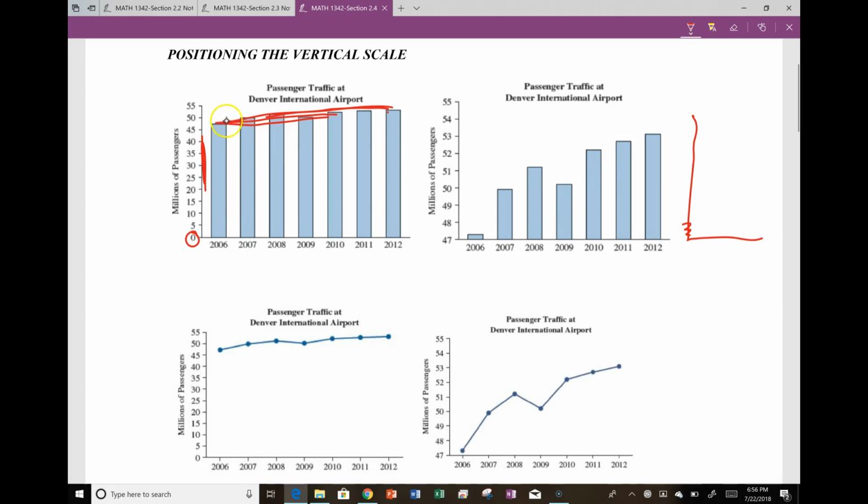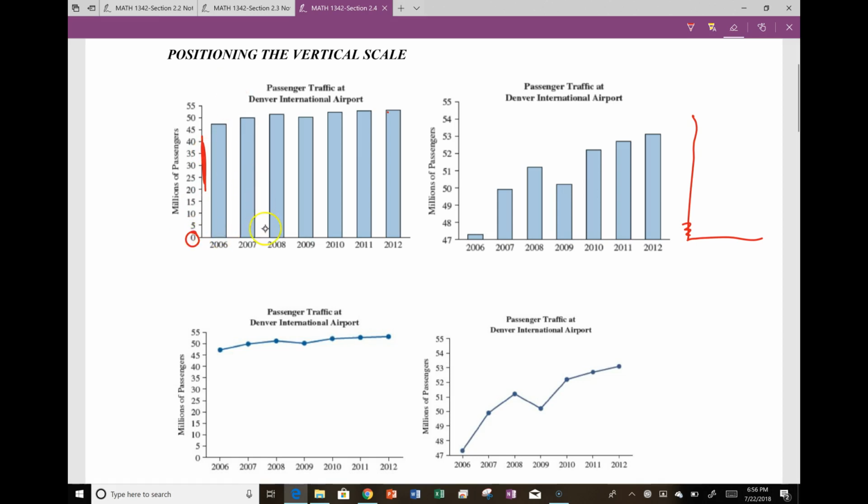The one on the left suggests they're actually approximately the same. This data is the exact same for both graphs. The difference is that this graph does not start at 0 and counts by 1s, whereas this graph counts by 5s, which is okay, but it does start at 0.